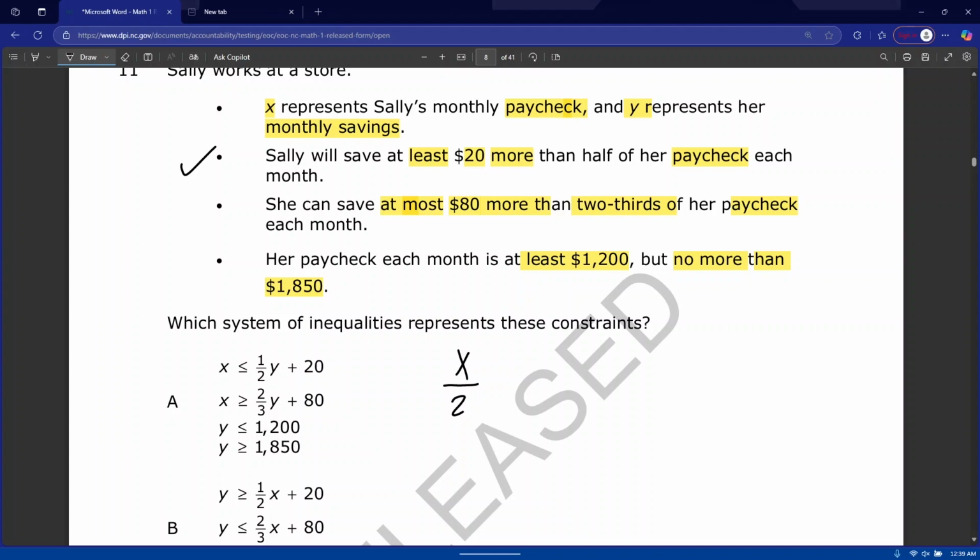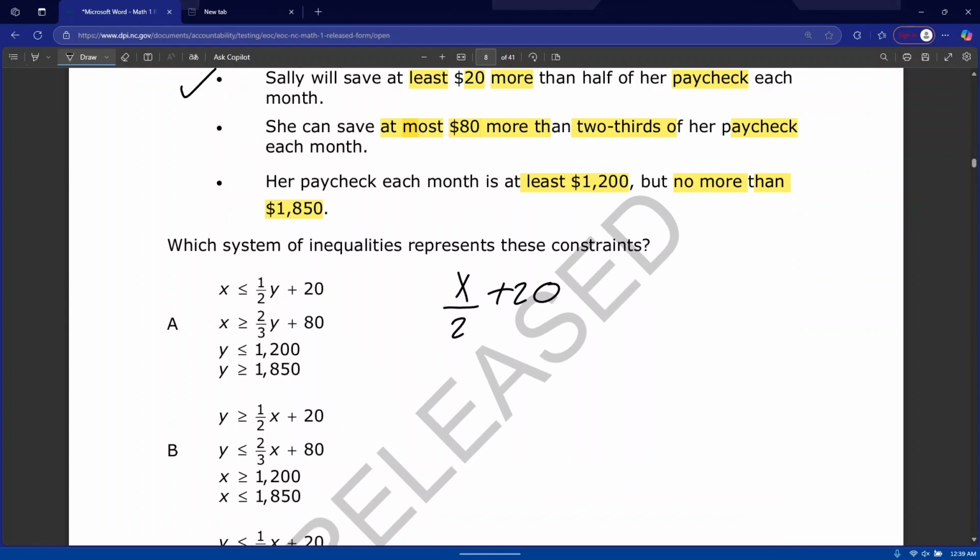As such, her monthly savings will be at least half of her paycheck with an added $20. So we have those $20 over here. So her savings is greater than or equal to half of her paycheck plus $20. Okay, we got one down.